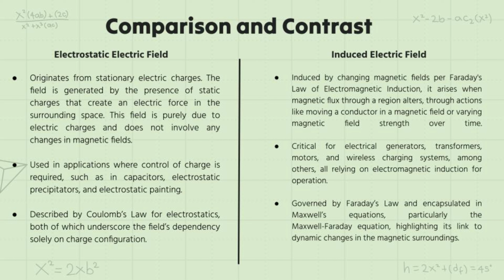It is also used in applications where control of charge is required, such as in capacitors, electrostatic precipitators, and electrostatic painting. It's also described by Coulomb's law for electrostatics, which underscores the field's dependency solely on charge configuration.